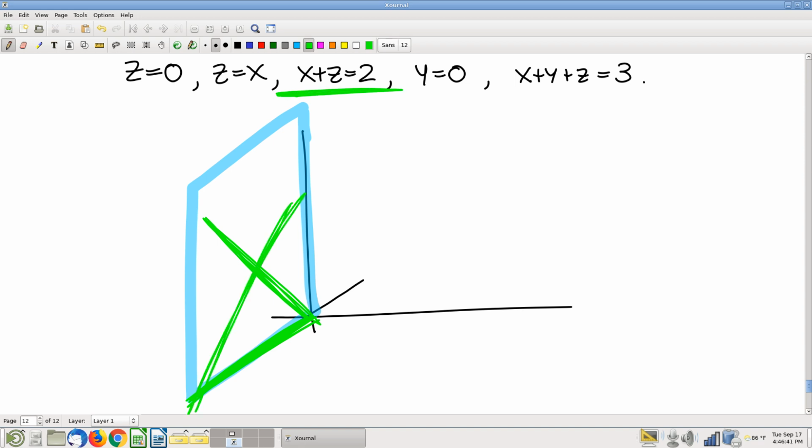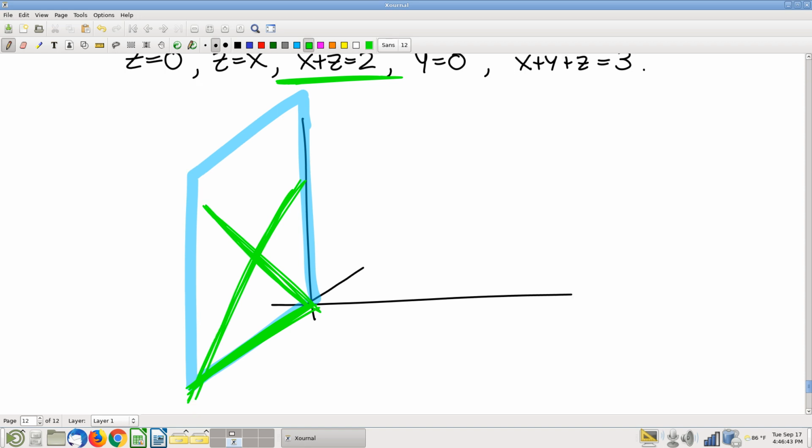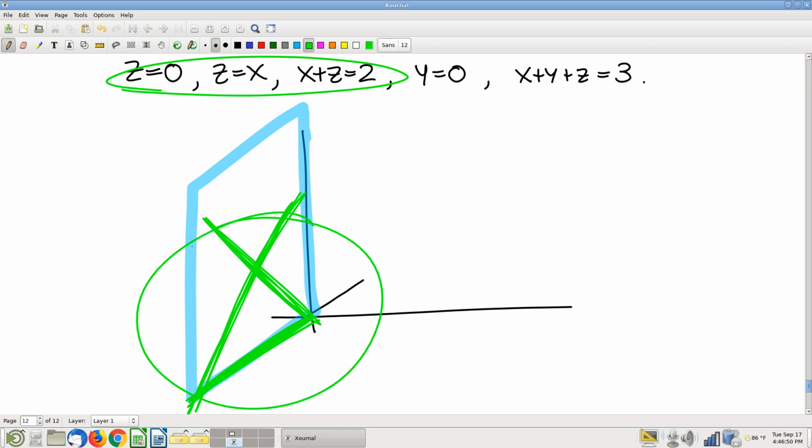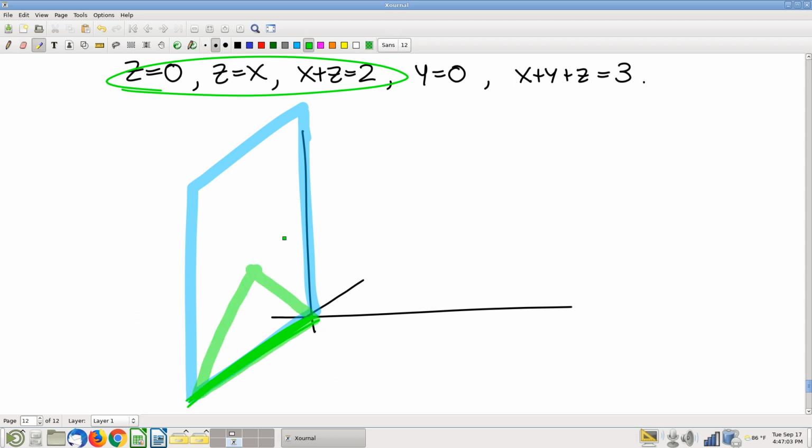That's a line kind of like that. So for the intersection of these first 3 planes, I just have to look at how these lines intersect. That's pretty straightforward to see. Those lines intersect just in this triangle. And that triangle then is what I have to drag in the y direction.